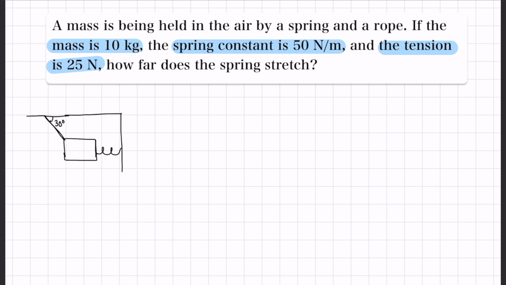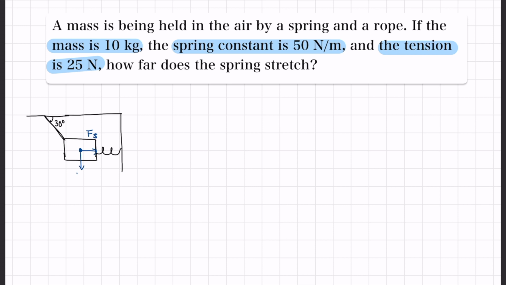Then let's look at what forces we have. We have a spring, so we'll have the spring force pointing towards the spring, since the stretch is going to be in the opposite direction, so it wants to unstretch.